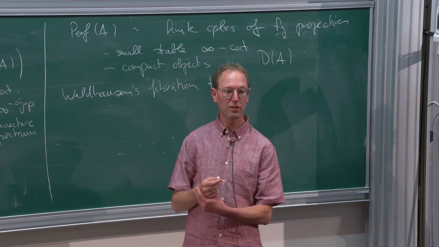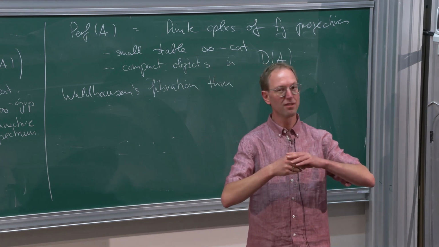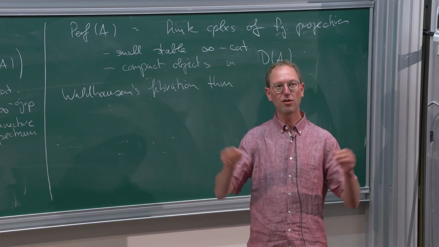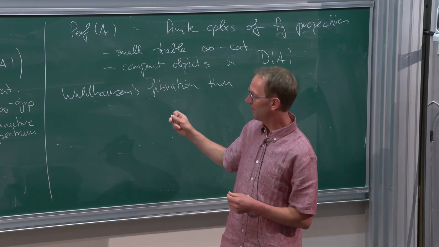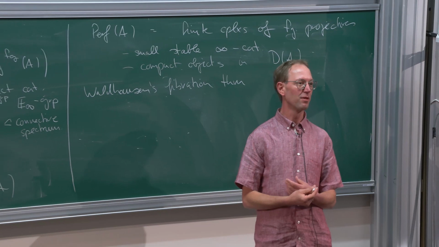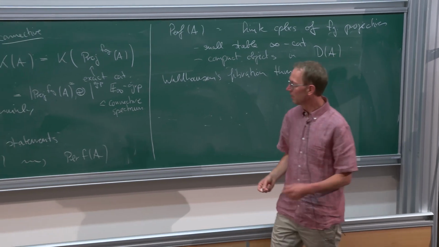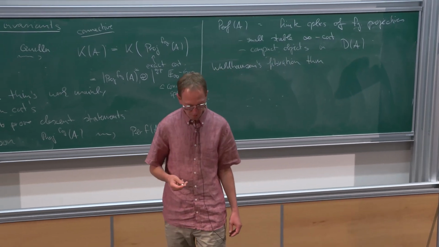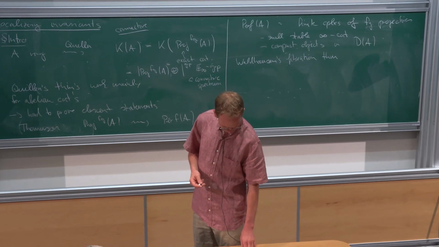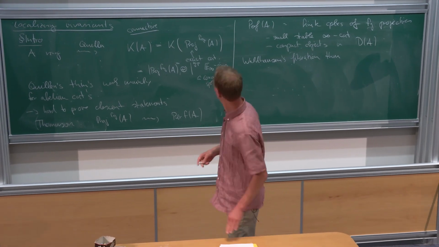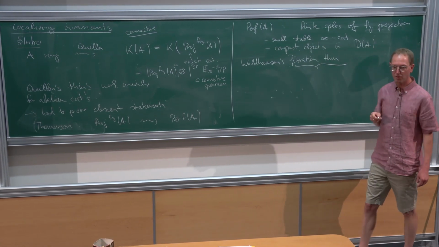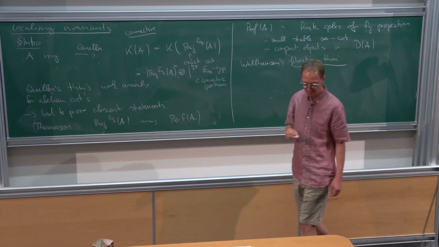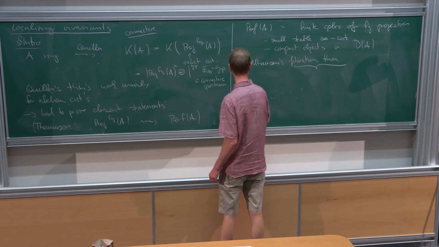If you have a sequence of categories, and purely categorical arguments show that your category satisfies something, this will produce fiber sequences of K-theory spectra. These conditions are satisfied quite often. So this was a very short introduction, and now I come to a bit more details. The first paragraph is on localizing invariants.